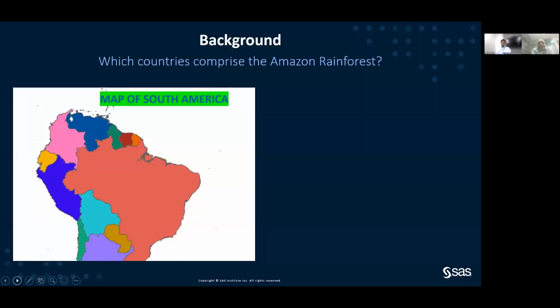Now let's consider Amazonia for today as our case study. And I'm sure many of you may already have heard about Amazonia. It is the world's largest tropical rainforest, which spans across the South American continent.